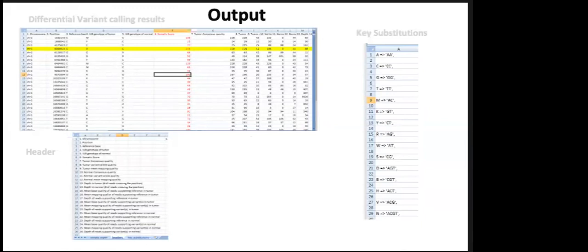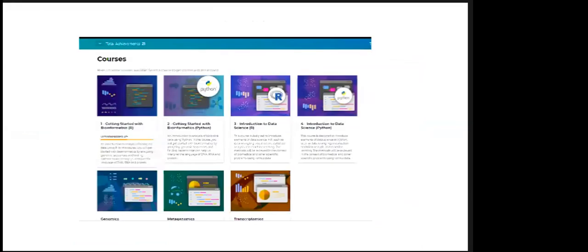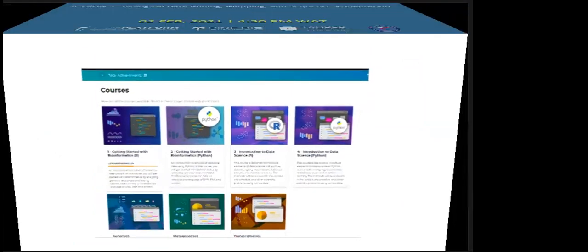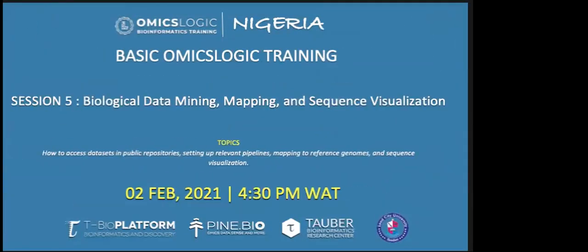So by the next time we meet, that will be next week Tuesday, all of us will have it on our system and we can go step by step in learning how to import our sequence reads into the pipeline, how to do pre-processing, how to map, and how to call the variants, and how to analyze whether these variants are actually the cause for the disease condition or the cause for the patient's susceptibility to cancerous lesions. So by next week, we'll be able to talk about this and describe the pipelines in total.